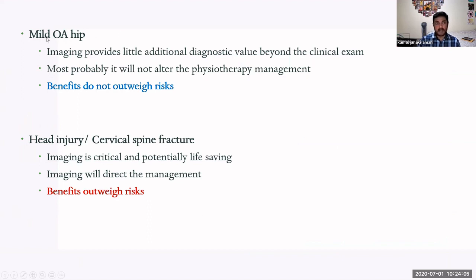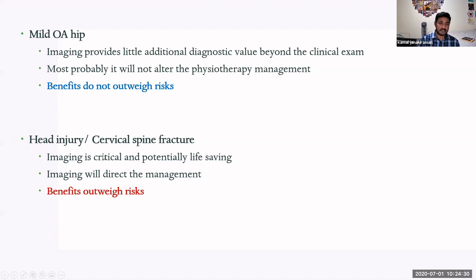For example, mild OA hip. In case of mild OA hip, the imaging provides little additional diagnostic value beyond the clinical exam. Most probably, it will not alter the physiotherapy management. Here, the benefits do not outweigh the risk because the risks are more than the benefits. So in this case, you don't need imaging.